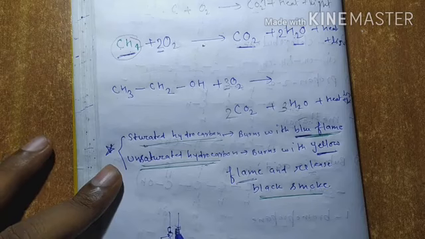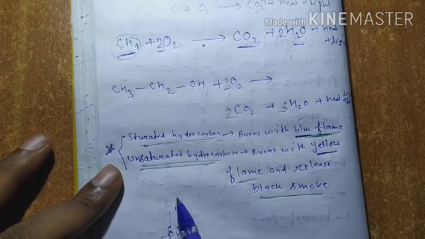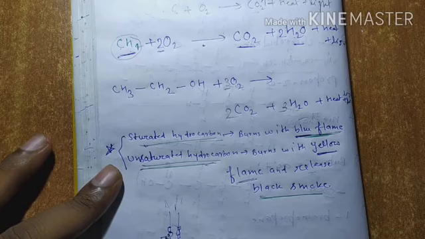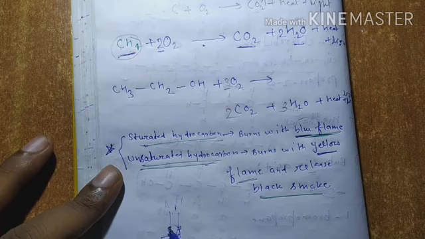If there is a blue flame, it means sufficient oxygen is coming from this hole. But if you close this hole with the help of the movable ring, you will observe a yellow flame.